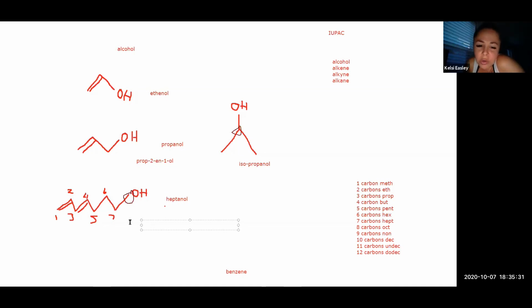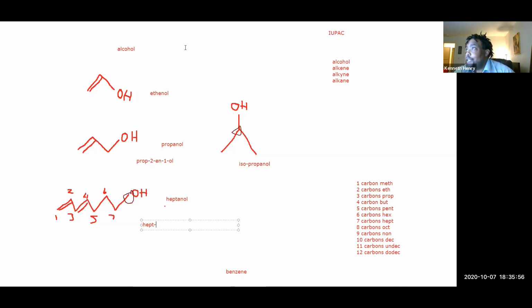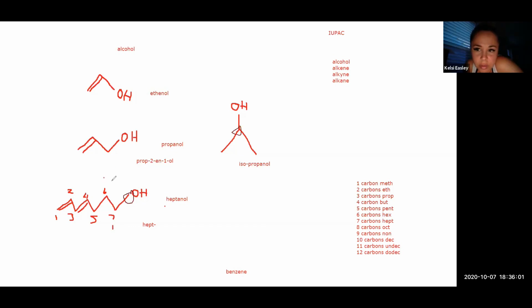Started from the OH, so your 1 would start on the OH. That's right. 1, 2, 3, 4, 5, 6, 7. What would it be? Hept. 7. Hept 4. Wait, 1, 2, 3, 4. That's correct. Let me number this right. So it's the double bonds. EN. Right? 4. Yeah. Okay.